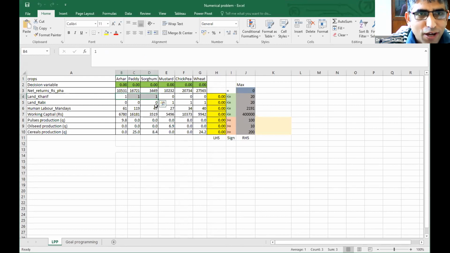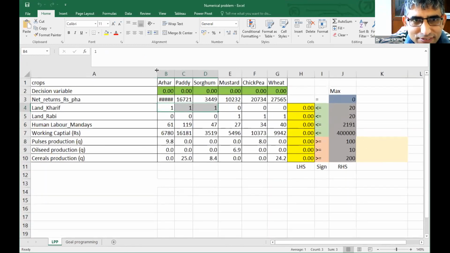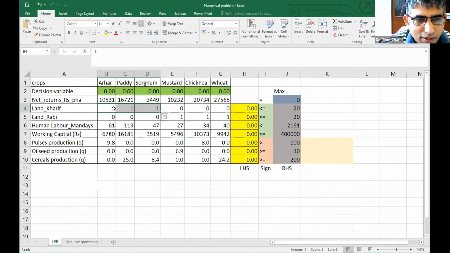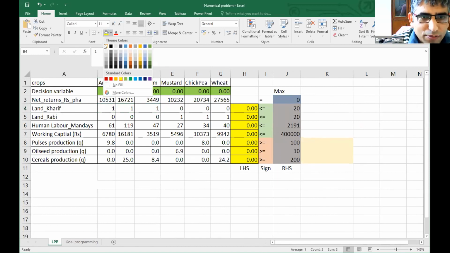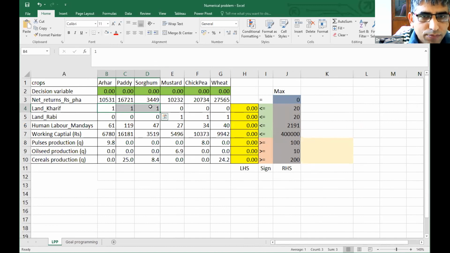I am highlighting it in yellow. I put 1 to say that he can grow these crops in that season: pigeon pea, paddy, and sorghum in Kharif; mustard, chickpea, and wheat in Rabi.